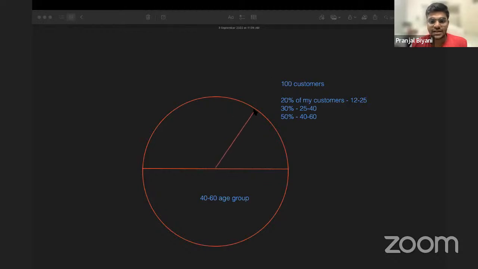I have to go from the center. Is that clear, everyone? This will be the 12 to 25 age group, and this will be 25 to 40. Clear, guys, everyone?